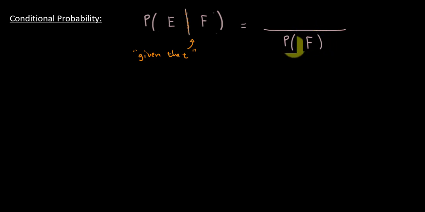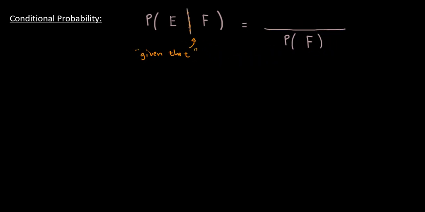Now that this has occurred, the main event of interest here is E. In the numerator, we want the probability of E, absolutely. But because F has already happened and we are limiting our sample space to F, E must be occurring with F. So E and F are considered in this numerator.